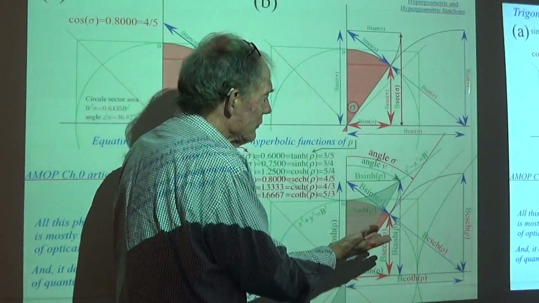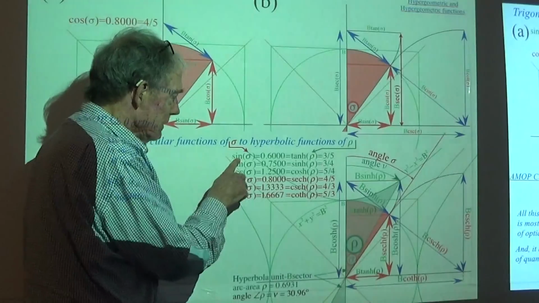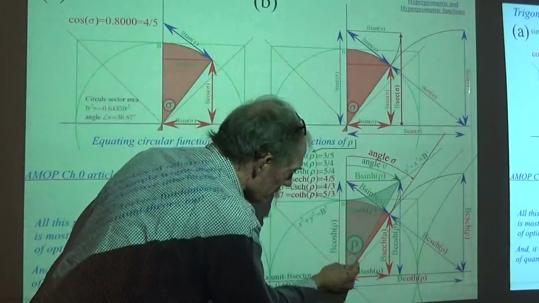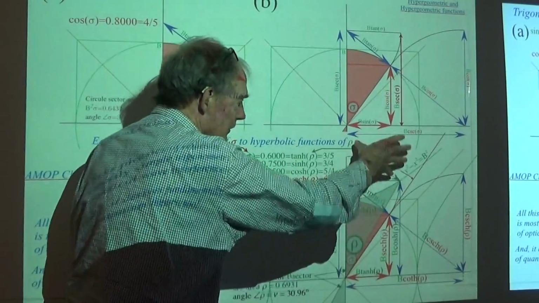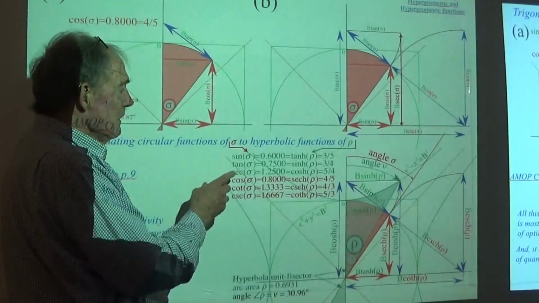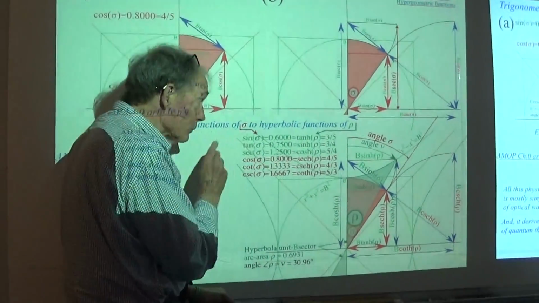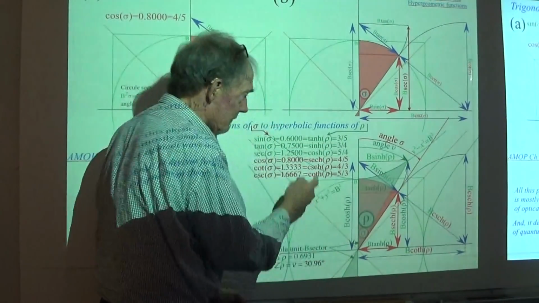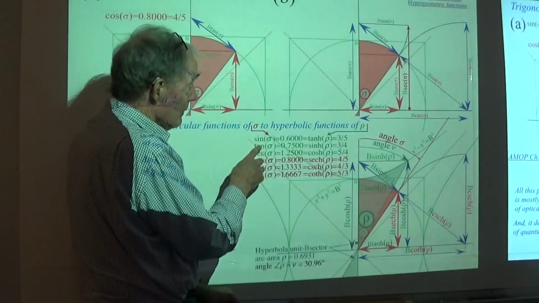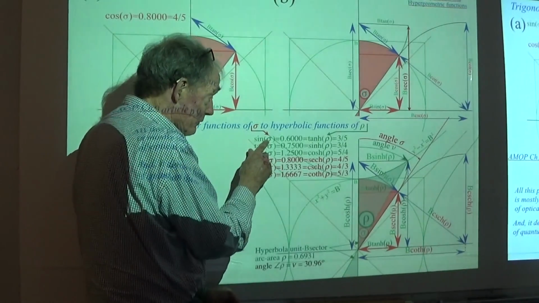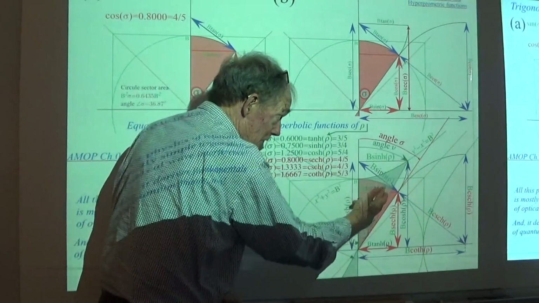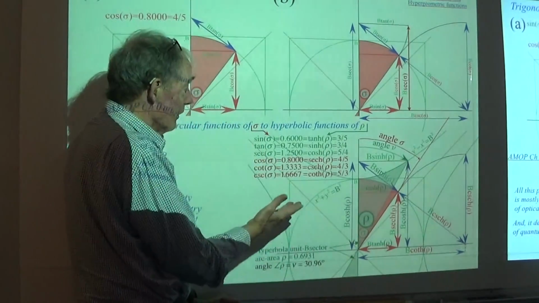But it's basic trigonometry, the idea that the sine of that thing, and there it is hiding underneath the shaded region for the hyperbola, the sine of that thing is equal to the hyperbolic tangent of the green area. And then flip it, the tangent of sigma is the hyperbolic sine of the green thing, and so forth.